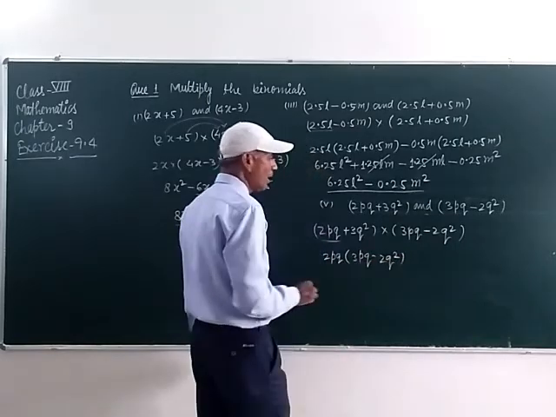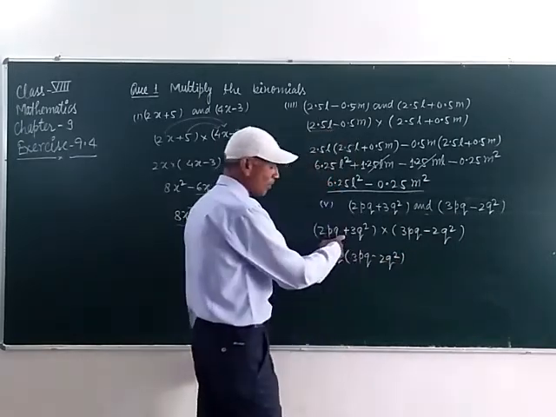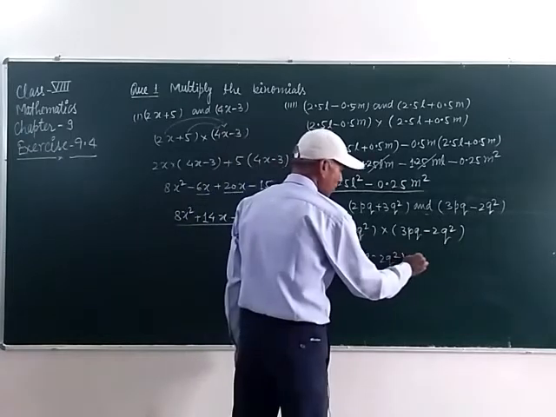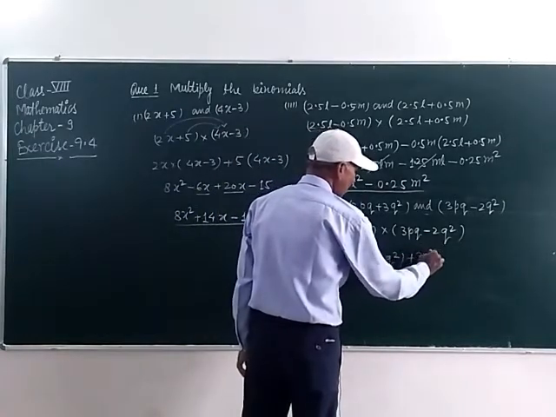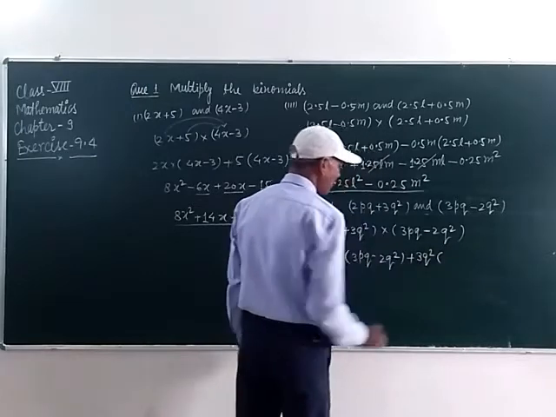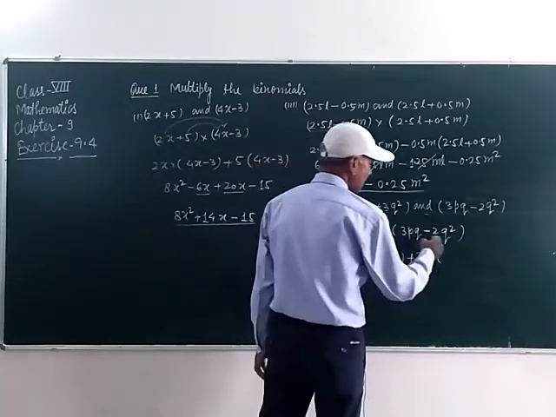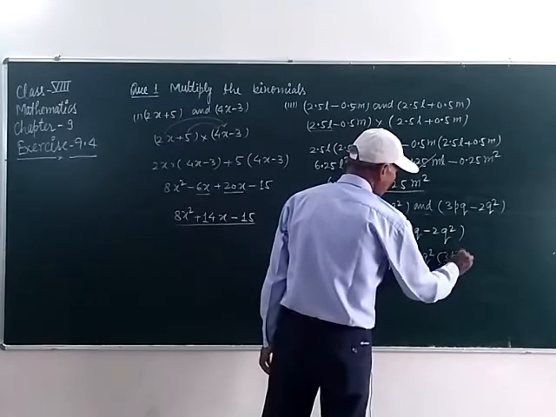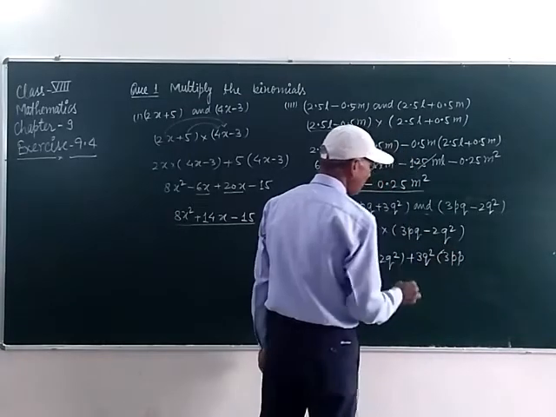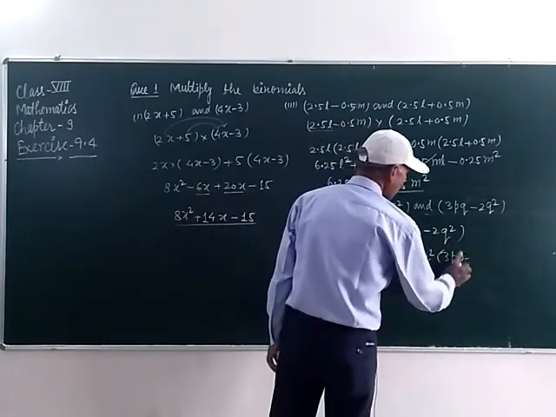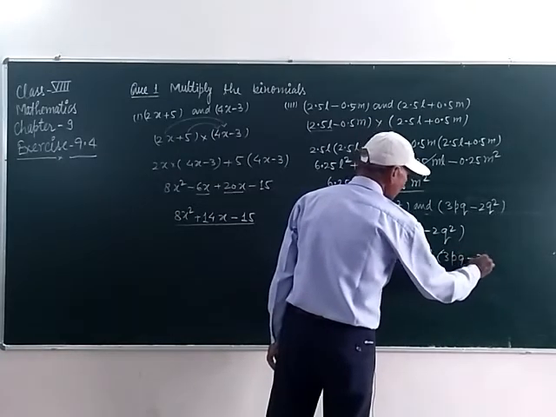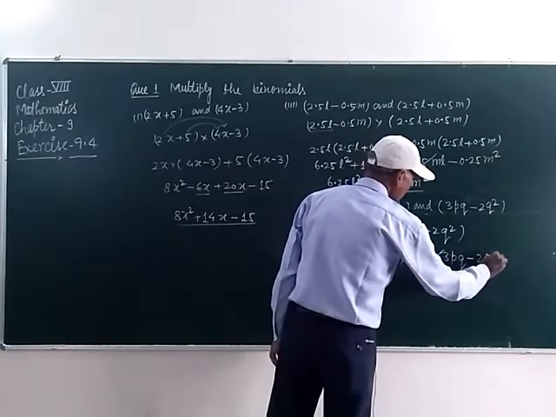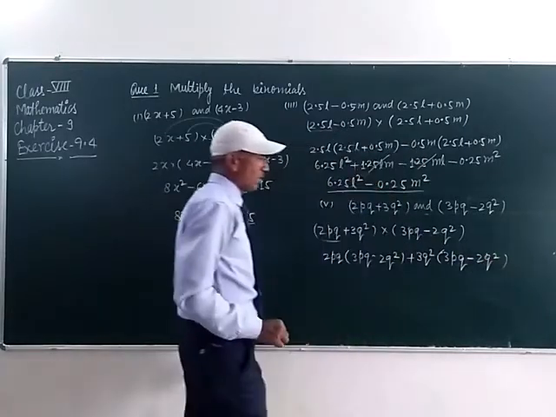After that we have to put the sign, this one positive sign, plus 3q square multiplied by 3pq minus 2q square.